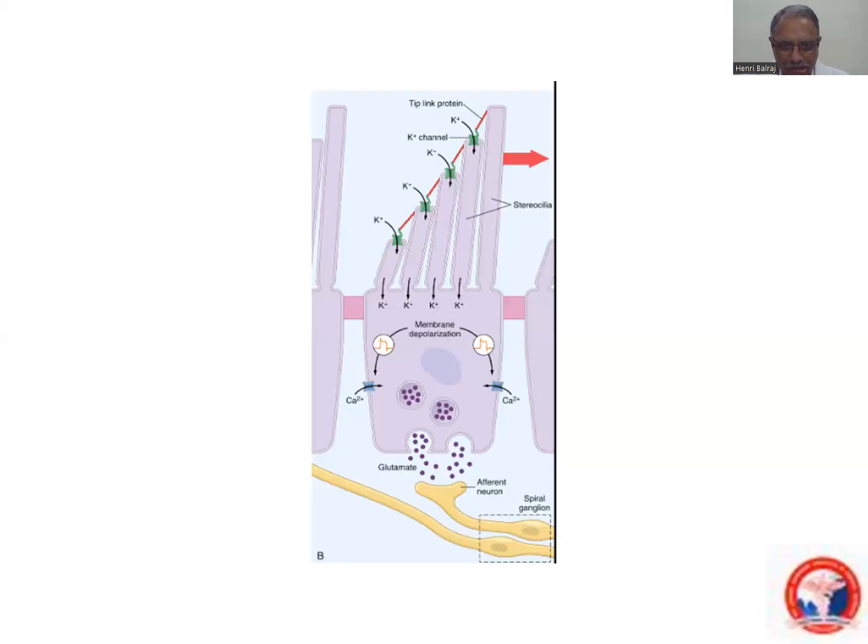And they cause maintenance of balance. Then there is the utricle and the saccule. The hair cells in the saccule get stimulated by vertical acceleration, and the utricle by horizontal acceleration.